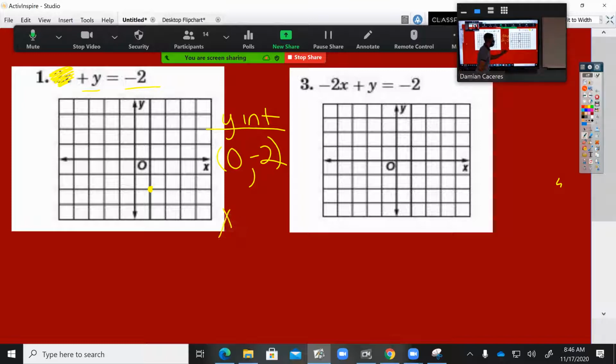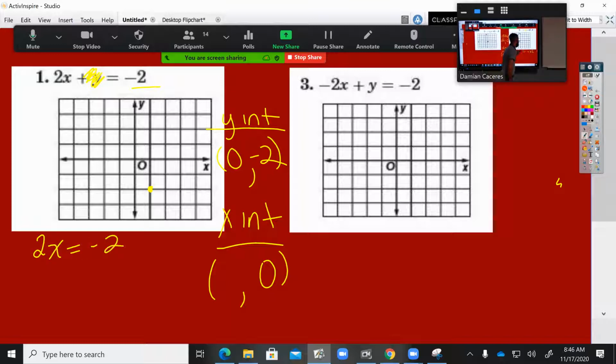Now we do the same thing, but for the x-intercept. If you want to find the x-intercept, you know that the y value has to be 0. So to find the x-intercept, just erase the y term. What do we have left here? 2x equals -2.